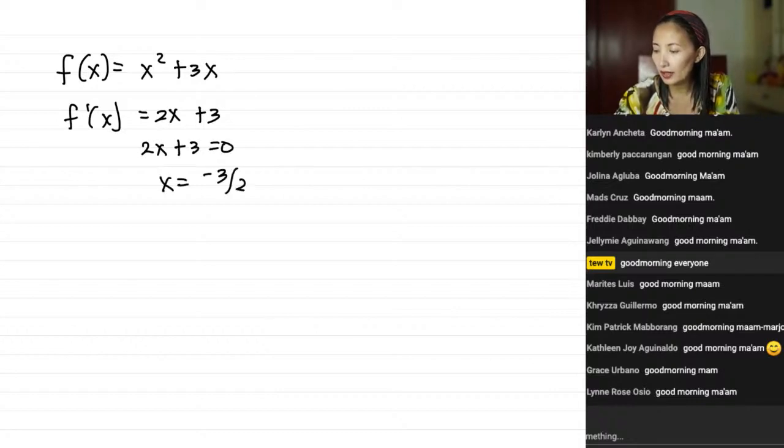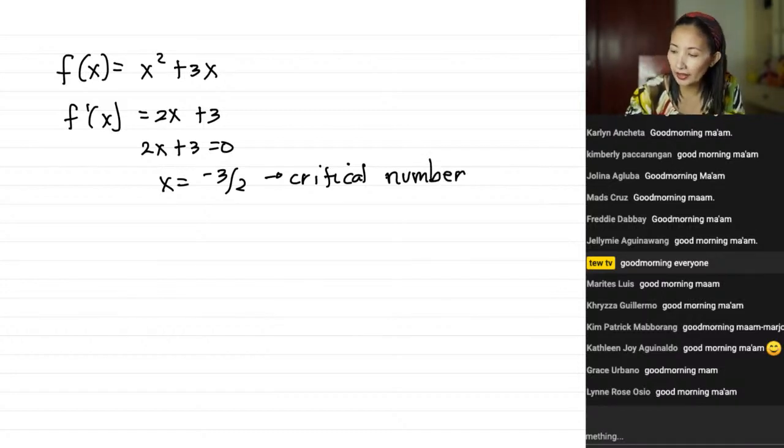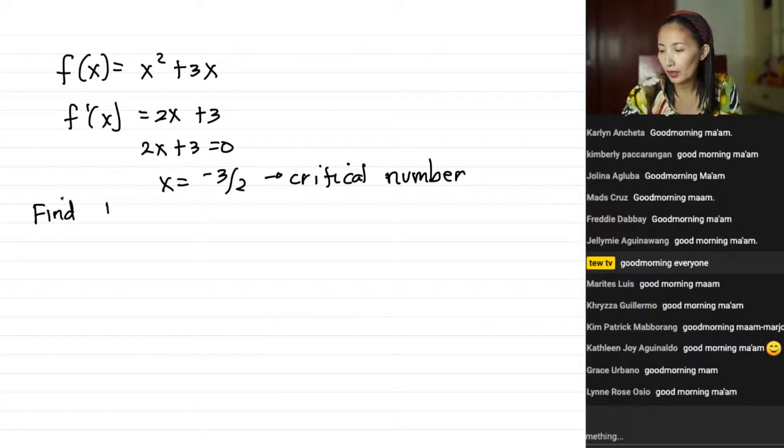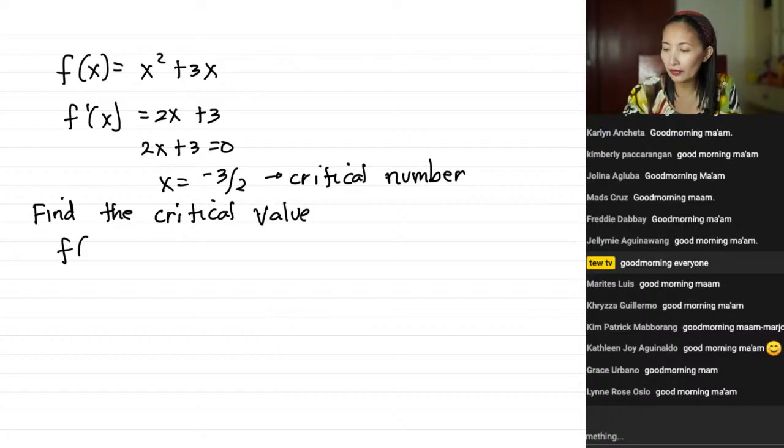That's our critical number. Now, to find the critical value, we evaluate the function at negative 3/2, the function value at the critical number.